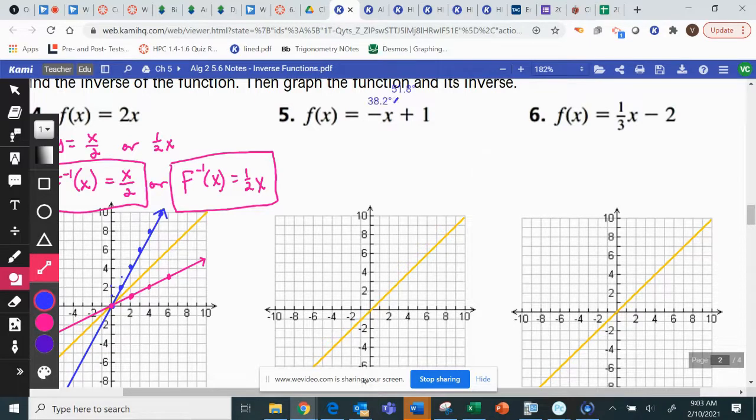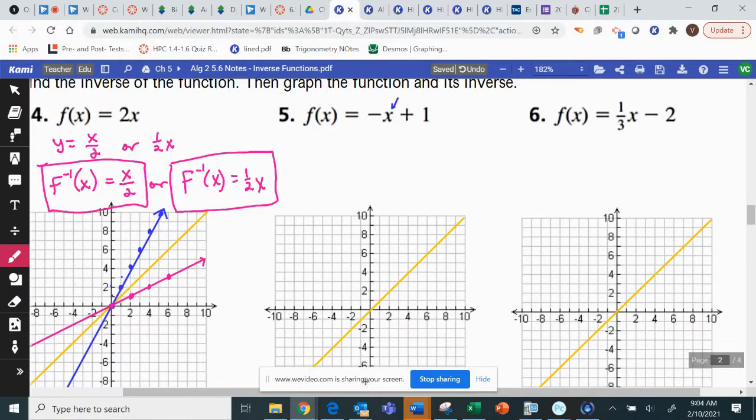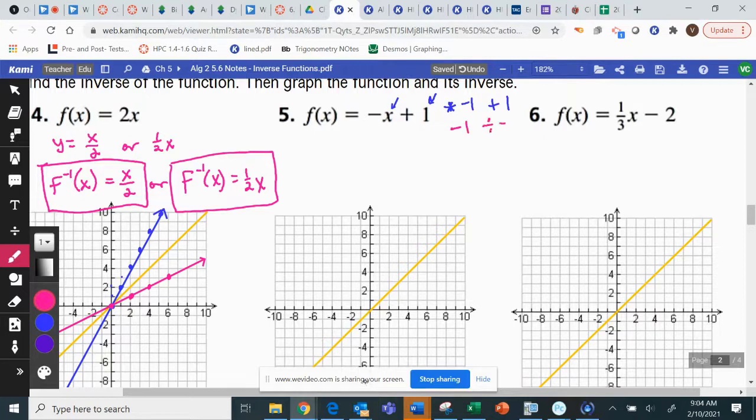If I put some value in for x here, to solve for y, if I put something in for x, I would have to first multiply by -1, and then I would have to add 1. So my inverse should be subtract 1, divide by -1. That's what my inverse should be.